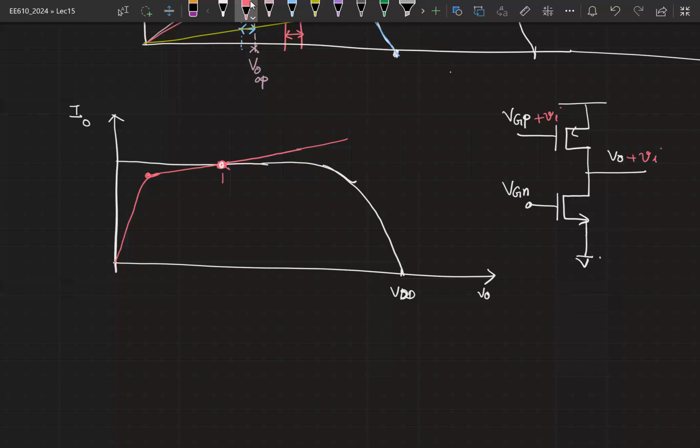Incrementally, at this point, it looks like there is a very large resistance connected here, right? But because this device is very nonlinear, unlike a resistor whose IV characteristics was very linear and the quiescent drain voltage was increasing proportional to R, the quiescent drain voltage doesn't increase proportional to the current flowing through it. Is that clear? Okay. So is it clear why an NMOS transistor is better as a load than a resistor?